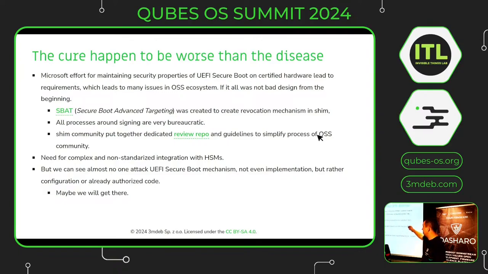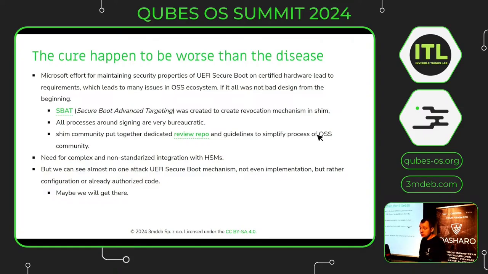There is a review repo for doing that, and every distribution or whoever wants to do that has to go through this review process. There is also a mandatory integration with an HSM, which of course is very custom, so everyone has to resolve that on their own.